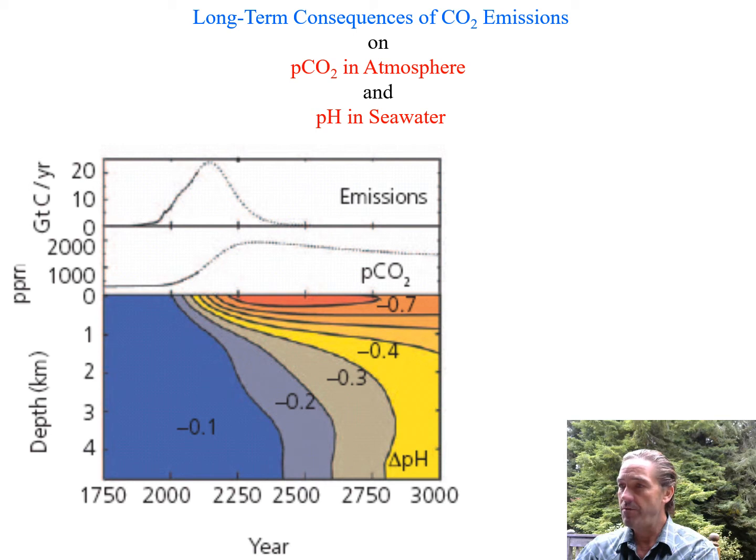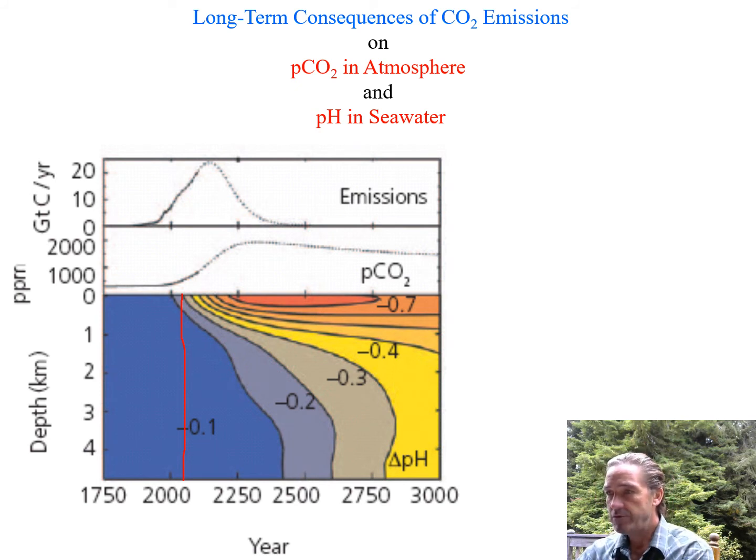But what I want to mention as well is that it's not just about climate, it's about ocean acidification. This paper was modeling what these CO2 concentrations will do to the pH of the ocean over time. Here we are, right here, starting to see the effect, a slight change in pH in the surface waters of the ocean.